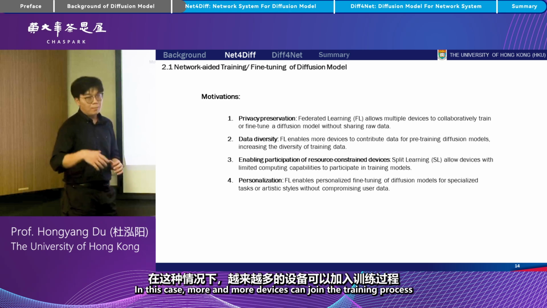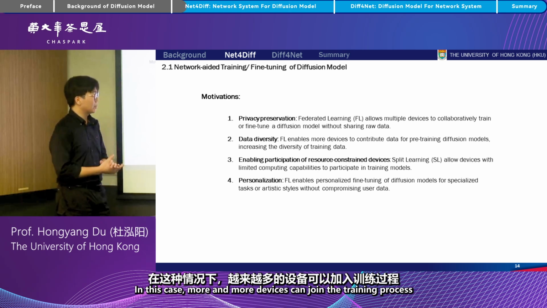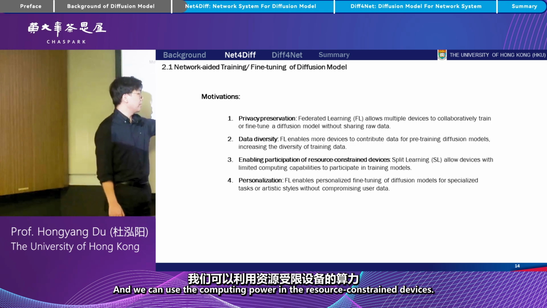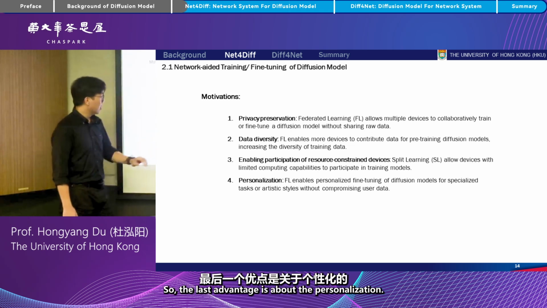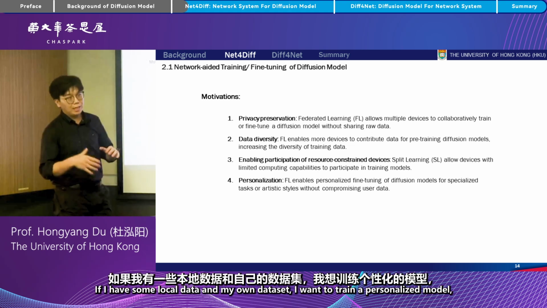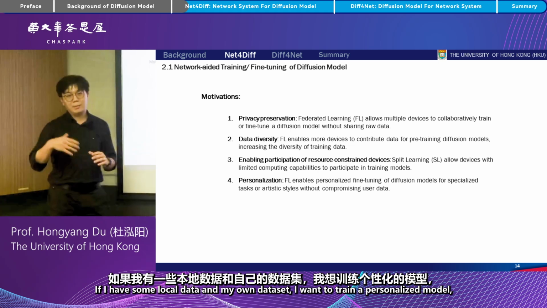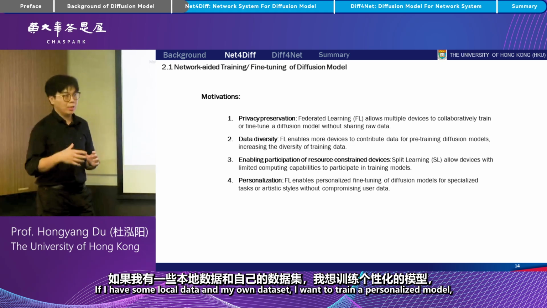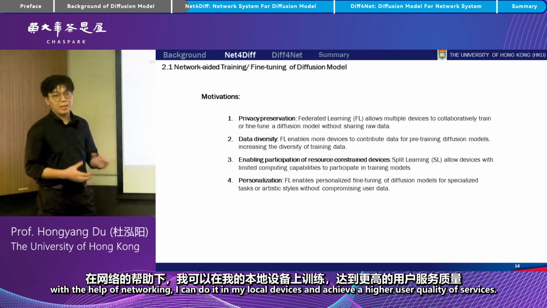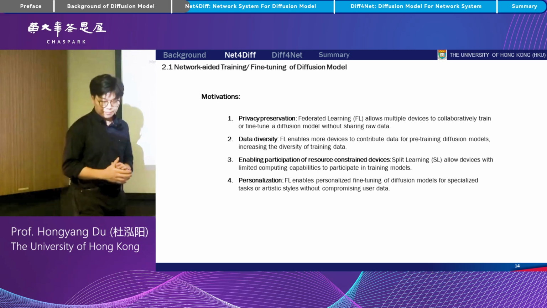In this case, more and more devices can join the training process, and we can use the computing power in resource-constrained devices. The last advantage is about personalization. If I have some local data and my own dataset, I want to train a personalized model. With the help of networking, I can do it on my local devices and achieve a higher user quality of service.